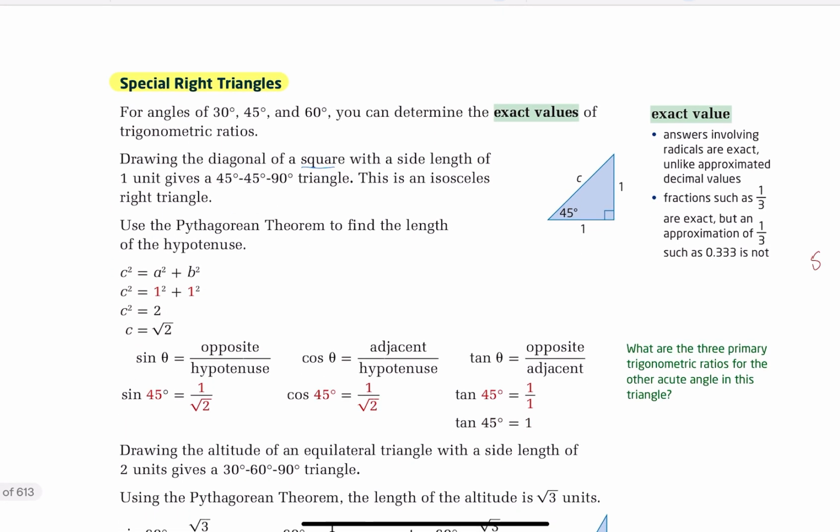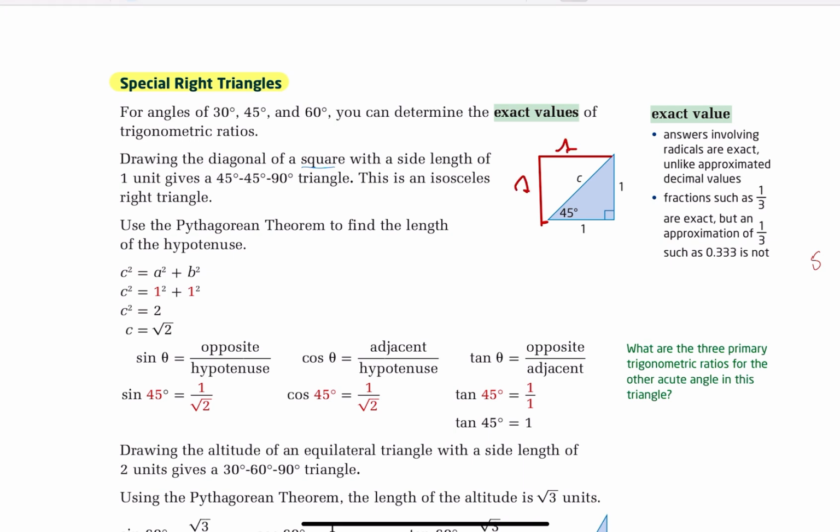So there is some specialty about right triangles. Imagine you have a square with all its sides equal to 1, 1, 1, 1.